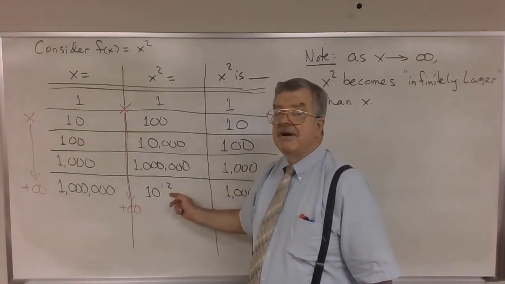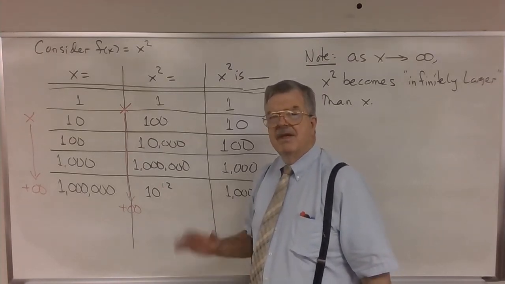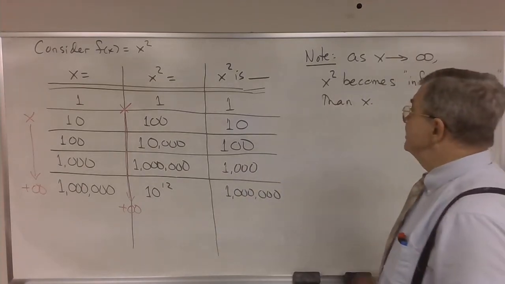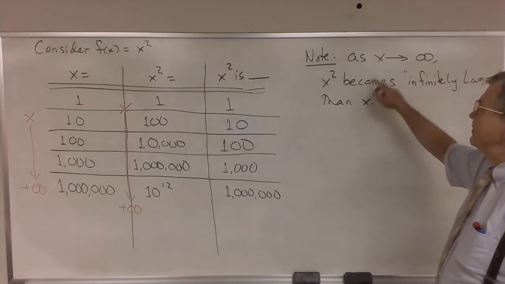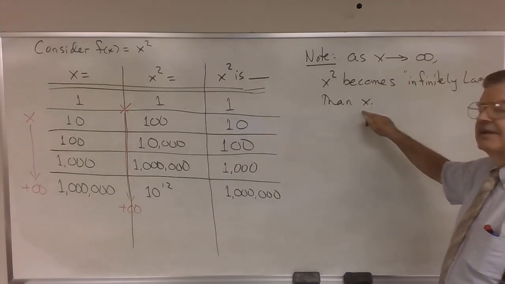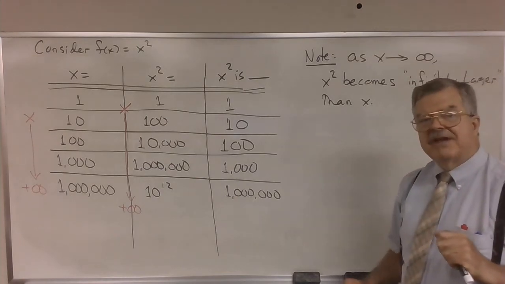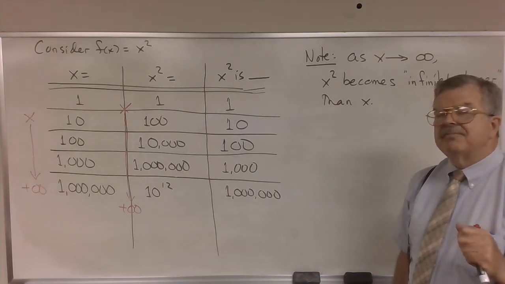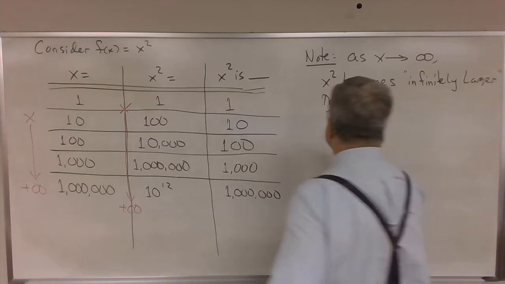No, x squared is 1,000,000,000. What's 1,000,000 compared to 1,000,000,000? A drop in the bucket, if that. So in addition to noting that as x goes to infinity, x squared becomes infinitely larger than x, it's also true that as x approaches infinity, x becomes insignificant compared to x squared.